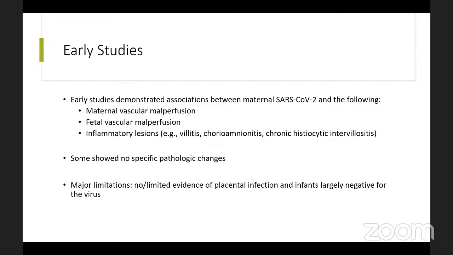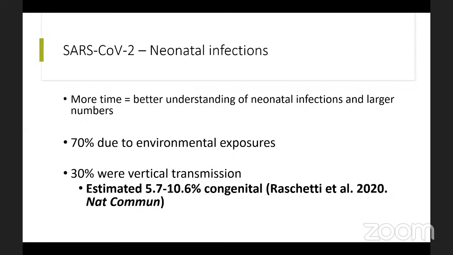So we didn't even have evidence of congenital transmission in a lot of these studies. So the combination of those two things really limited our search for histopathologic pathognomonic features of SARS-CoV-2 placentitis. And these results ultimately didn't tell us anything terribly specific, and again, contradicted one another.